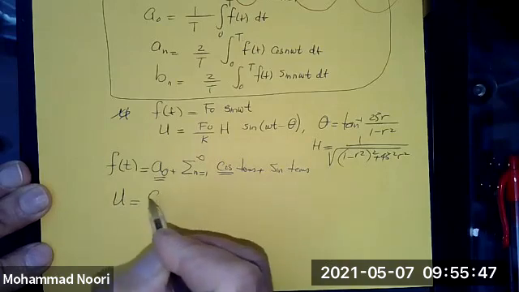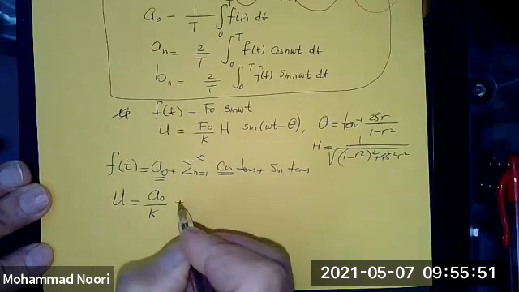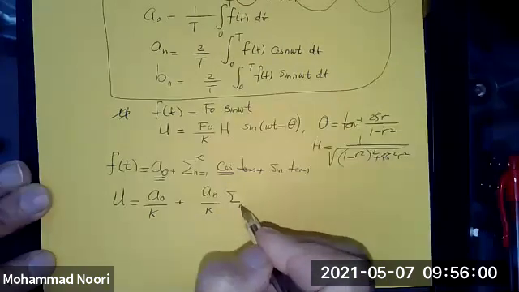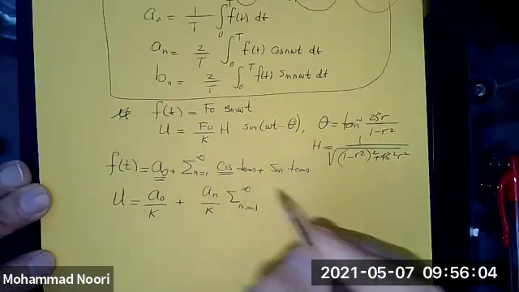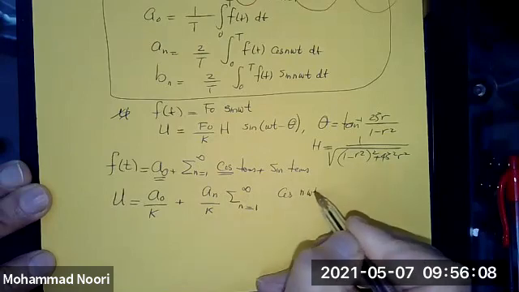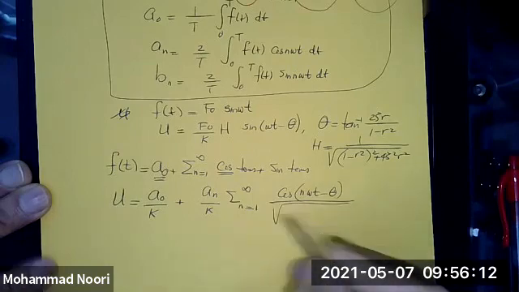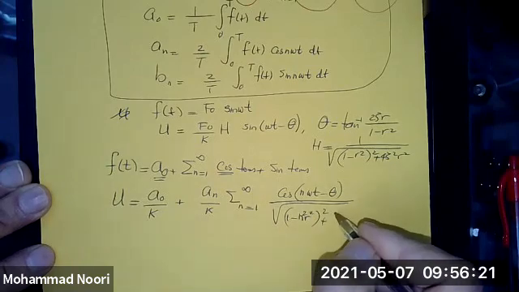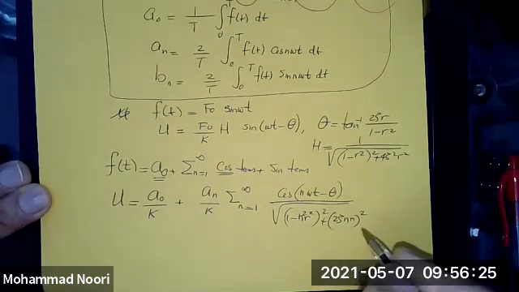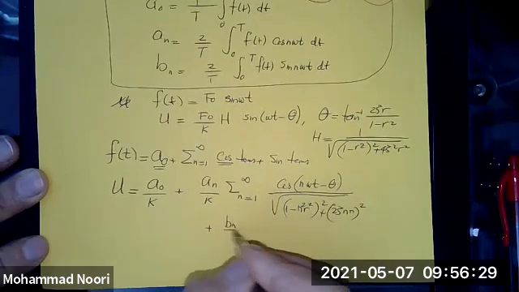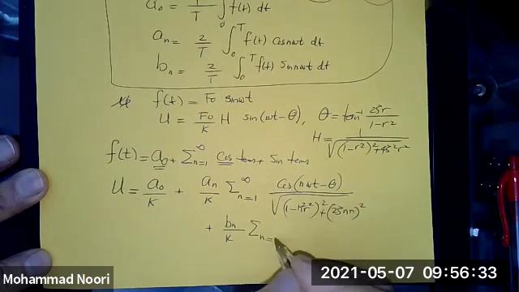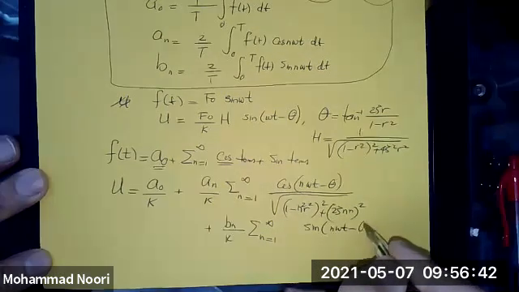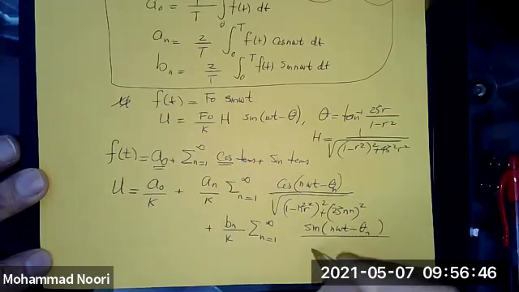The response due to this is a constant, which is, of course, a static displacement, plus a_n over k, sum of n equal to 0 to infinity of this cosine n omega t minus theta, multiplied by the corresponding frequency response function, 2 zeta n r squared, okay, plus b_n over k, n goes from 1 to infinity, times sine n omega t minus theta_n, I would put this subscript here, times that.